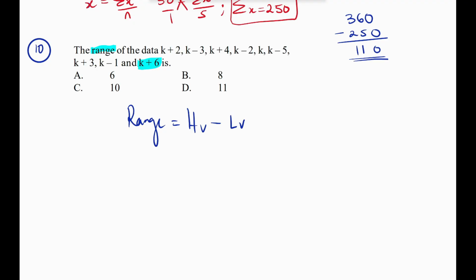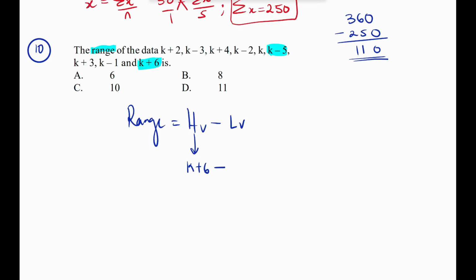K plus 6 is our highest value, as you can see. So I can write that over here: k plus 6, take away the lowest value. And our lowest value is k minus the biggest number subtracted from k, so k minus 5 is going to be the smallest number. But be very careful.